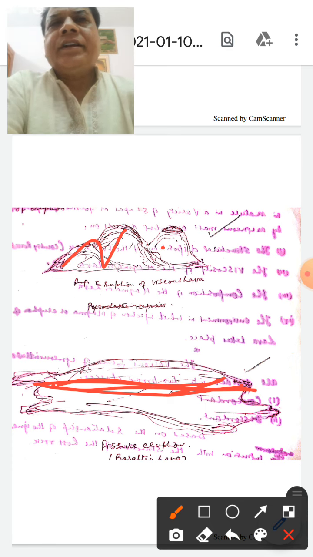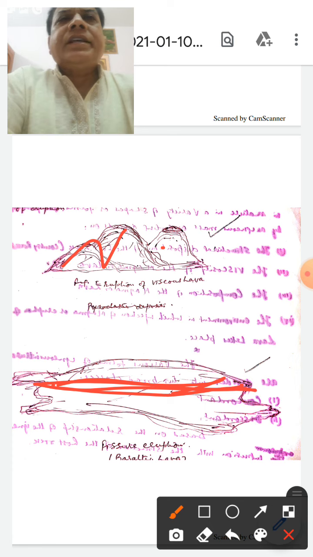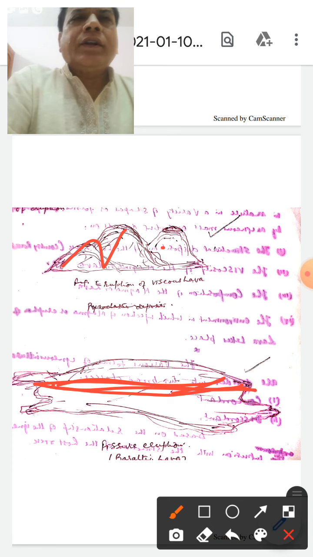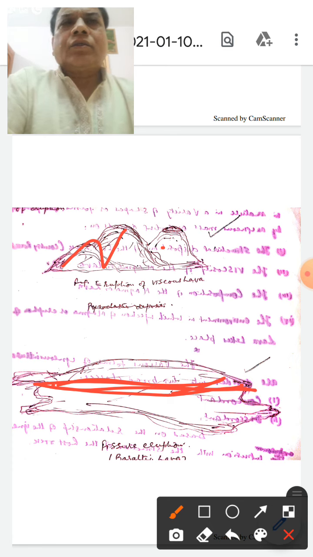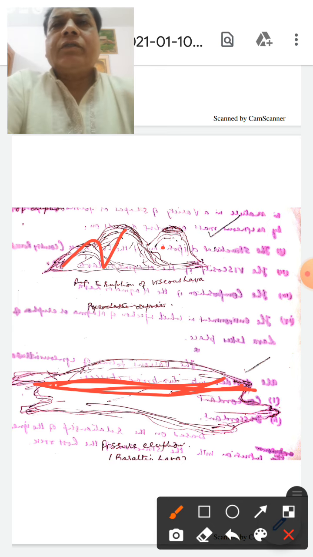In the unfolded region, the concordant bodies are sill, laccolith and lopolith, whereas in the folded region they are phacolith and concordant batholith. Similarly, the discordant ones cut across the bedding or structures of the country rocks. They are dike, cone sheets, volcanic necks and ring dike. So we will take up one by one.